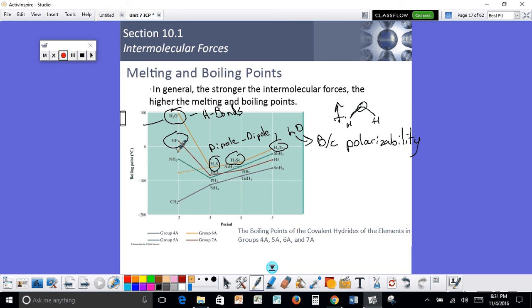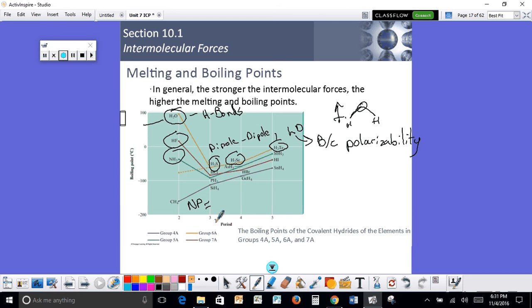Notice that we have hydrogen fluoride and ammonia that are very high boiling points as well because the hydrogen bonds are occurring in those. Now let's look at this line at the bottom. What's going on here? Why are the boiling points so low in these? Well, because all of these are non-polar molecules.